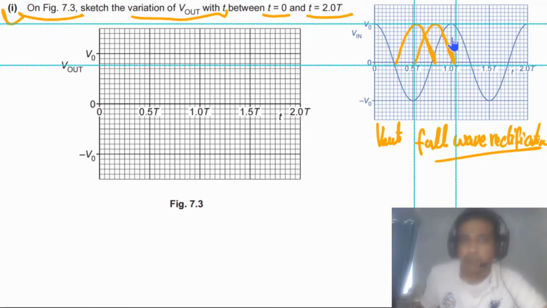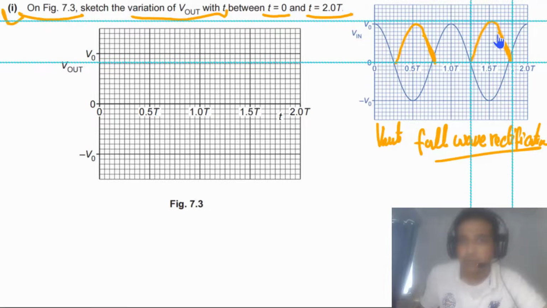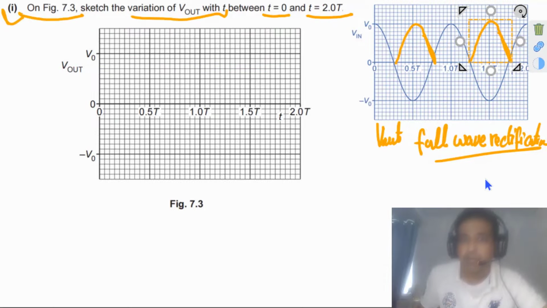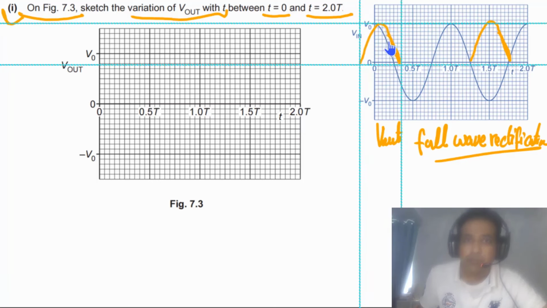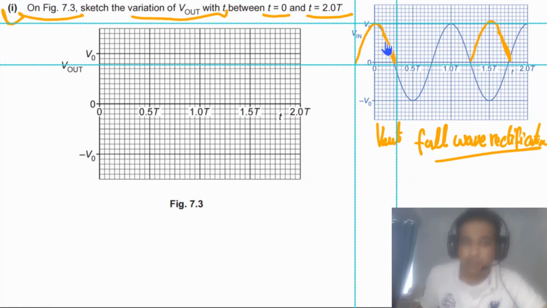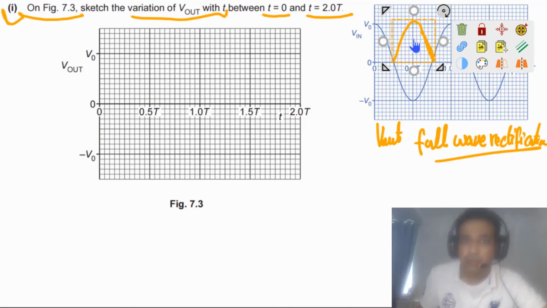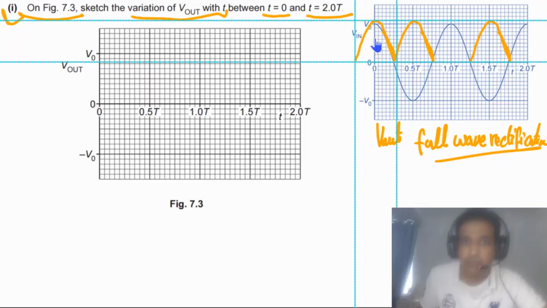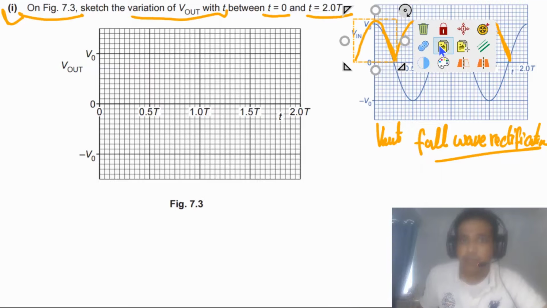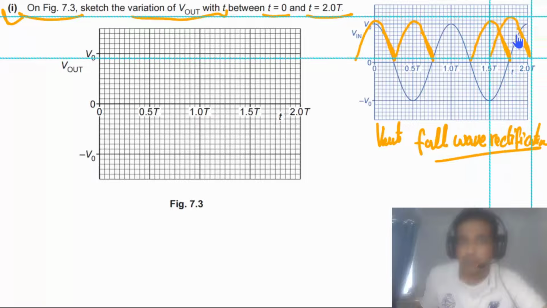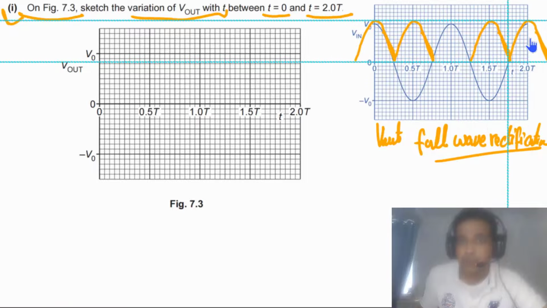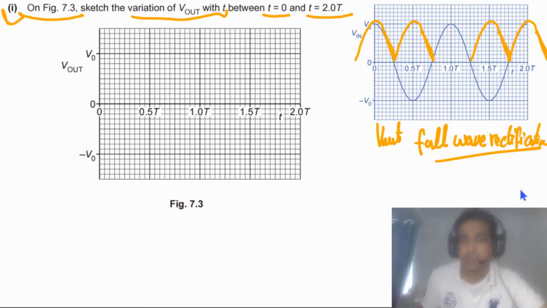We can again move this one, so this also becomes positive, meaning the negative part in this case becomes positive. If we want to move further, we can again move this one. We can also move this one to here. We can place this one here first of all, and we can move this one here as well, and we can also move to this point here. So this is how we need to draw the full wave rectified signal.